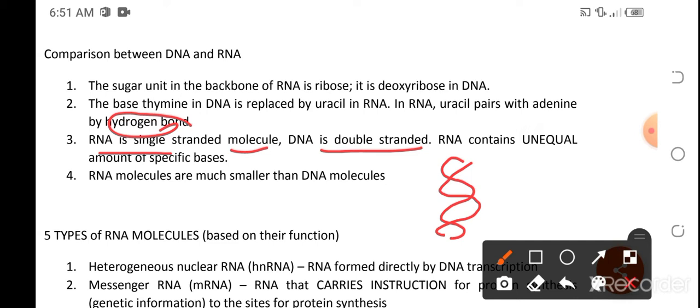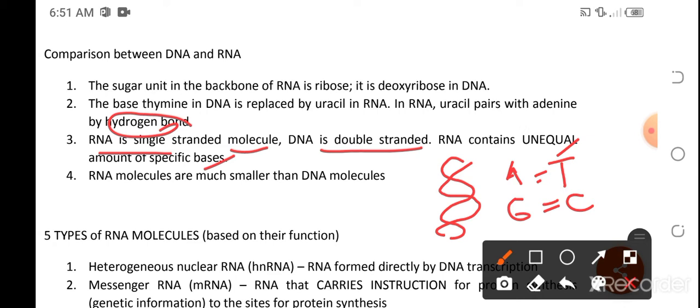Okay? In DNA, we know that the percentage of adenine will be equal to the percentage of thymine, and guanine will be equal to the percentage of cytosine because of the base pairing. Okay? Pero kay RNA, hindi equal.